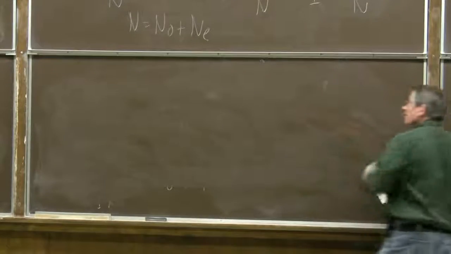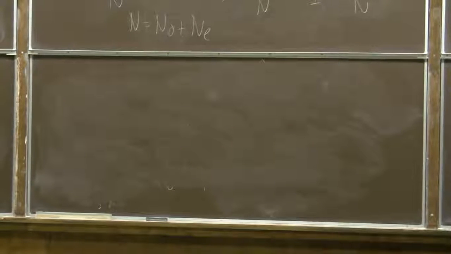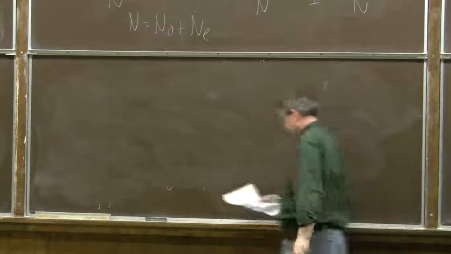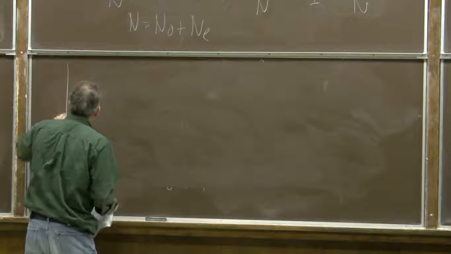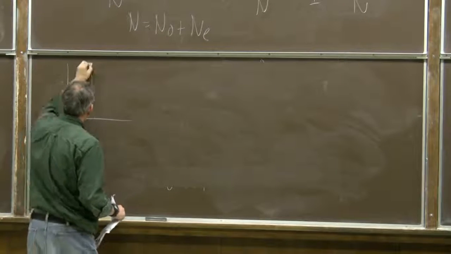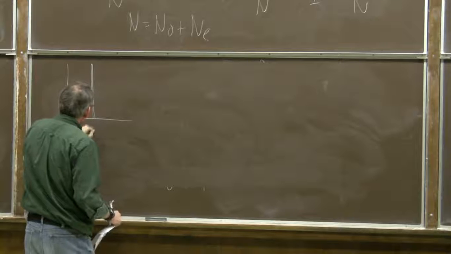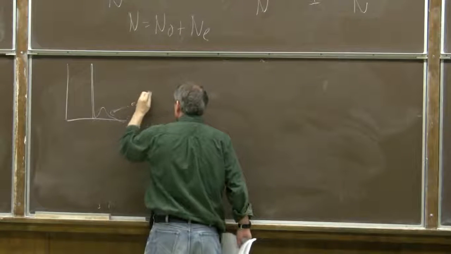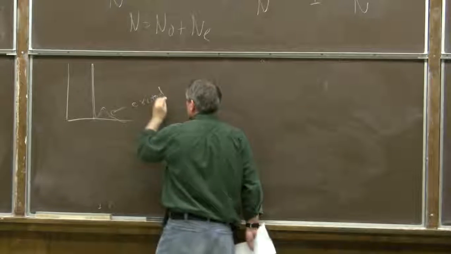So, as usual, for the excited orbitals, we'll convert the sum over orbitals weighted by the distribution function to an integral over energy. So the same picture again, I'm just drawing it again. Here's 0 energy. These are the excited ones. We want to figure out how many there are.